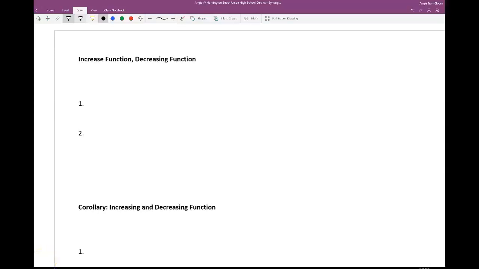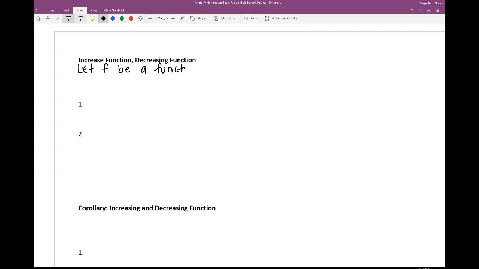Hey guys, okay, here is our recording for, again, still 4.2, increasing function and decreasing function. So let f be a function defined on an interval.